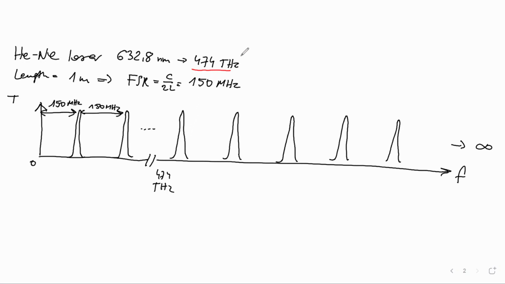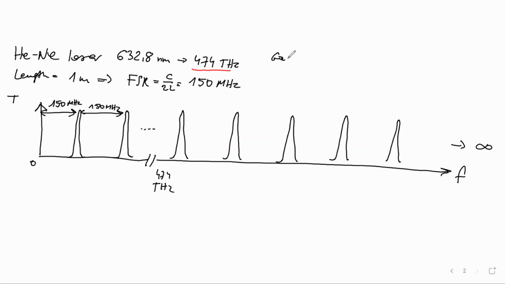And the gain bandwidth of the helium neon medium, especially neon, is centered at this 474 terahertz, something around that, and has a width of approximately 1.5 gigahertz.